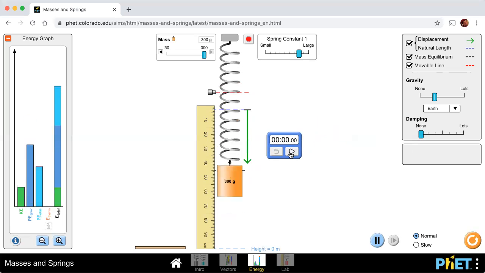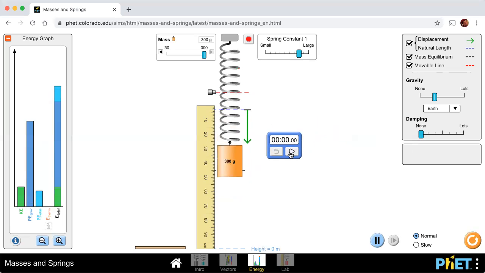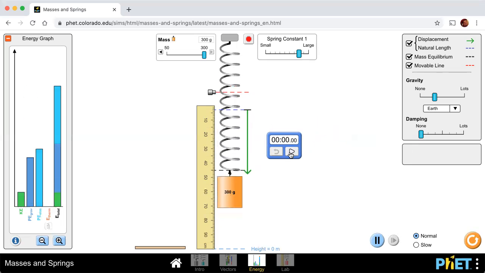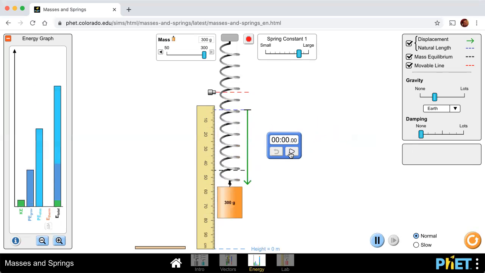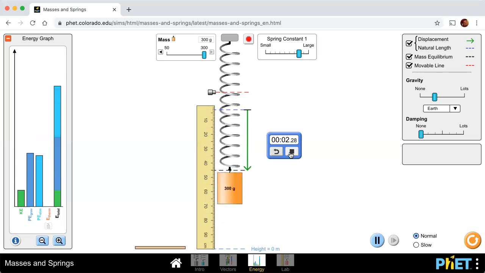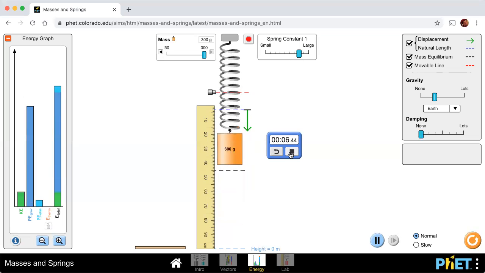When I start it, that's the 0 count. I won't count 1 until it goes back up to the top. I find it easiest when it's at the top, or if you want to do it at the bottom, that's fine. So when it gets to the top, I'm going to start it, and I'm going to count to 10. So start. 1, 2, 3, 4, 5, 6, 7, 8, 9, 10.